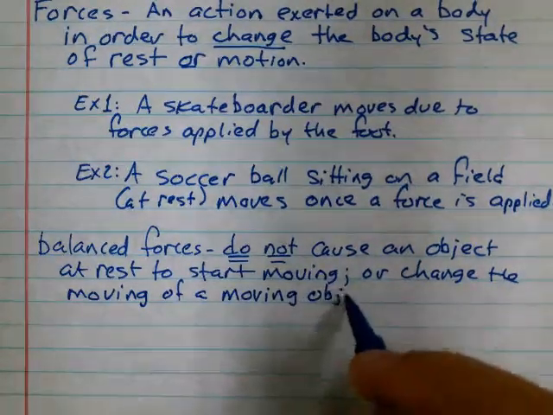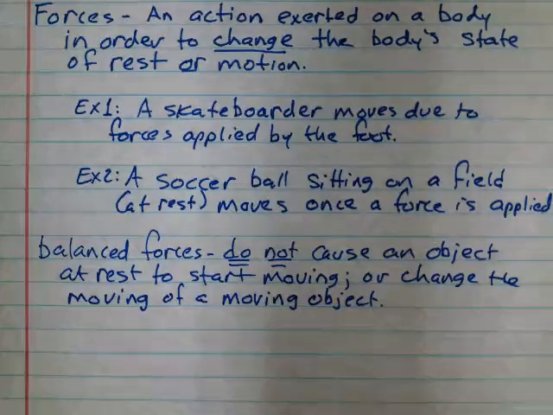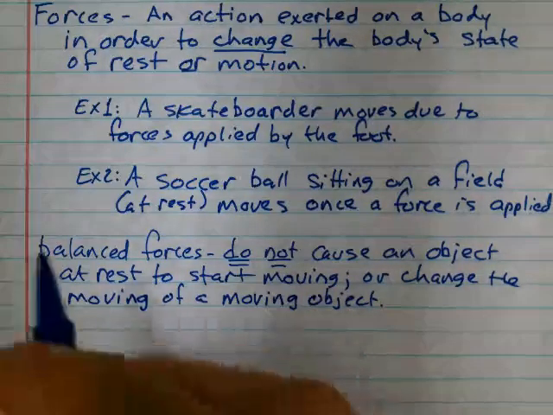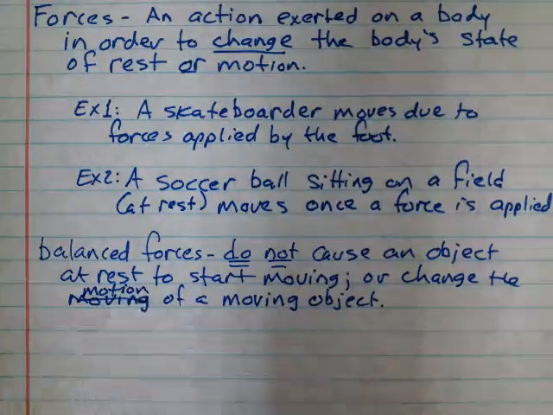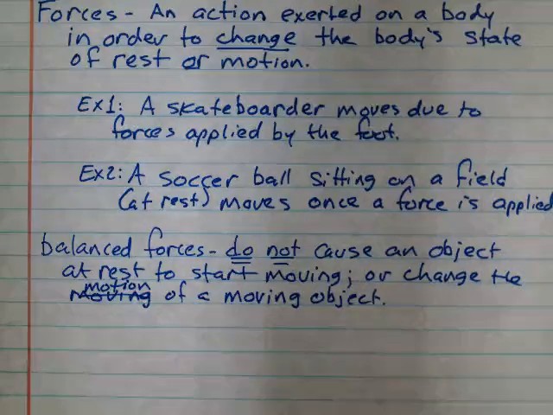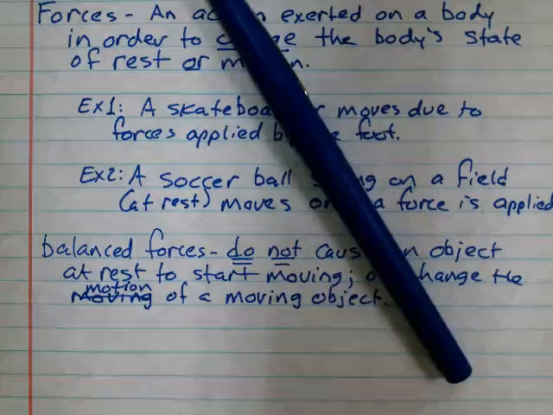All right, so let's think about this. Balanced forces do not cause an object at rest to start moving or change the motion of a moving object. So if I have an object right here that's at rest, if the forces are balanced, it'll always be at rest. It won't move.